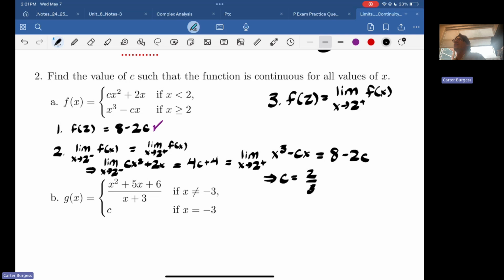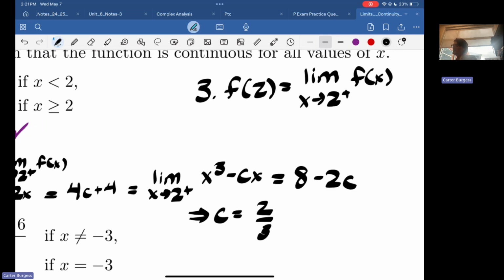Can we agree with that? Plugging 2 into the bottom equation is the same as taking the right-handed limit of this function. Those should match. That feel like a safe thing to say?